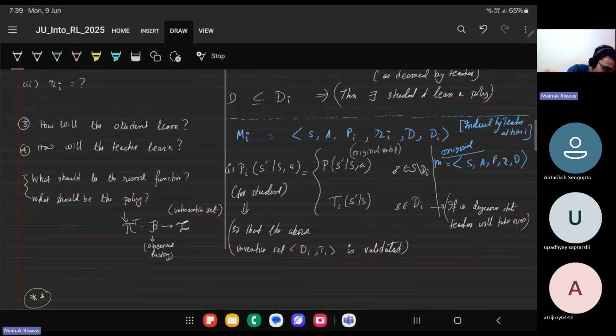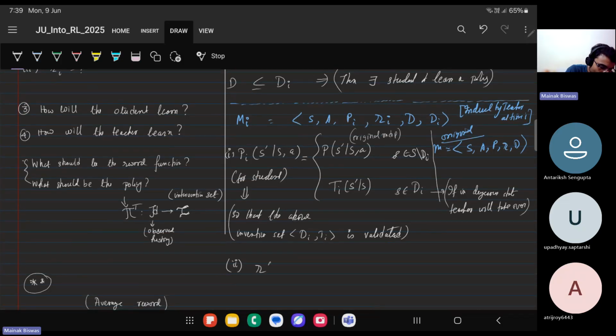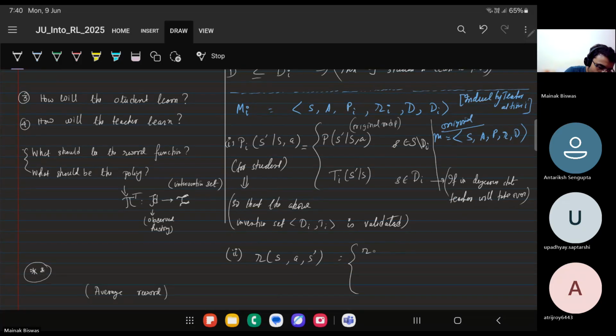What will be the reward? Reward of s_t, a_t, s_t+1, or let me write s, a, s' will be normal for the first case, s, a, s' for s belongs to S minus D_i.